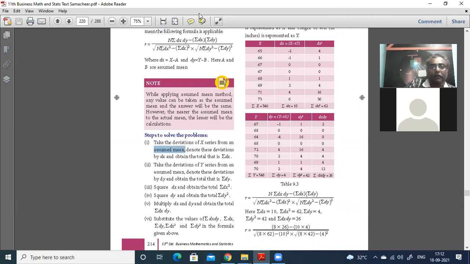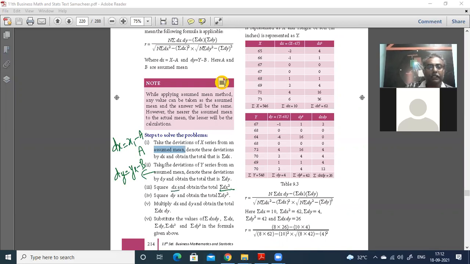What is this assumed mean? This assumed mean is a. Deviations of x series, so d of x is equal to x minus a. That one you are doing there. Same way, take deviations of y series, so d of y is equal to y minus b. That is the step. Square dx and obtain sigma dx squared.